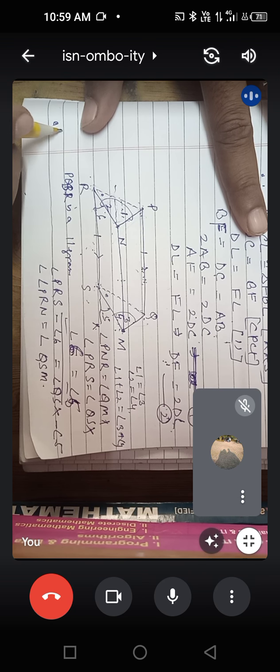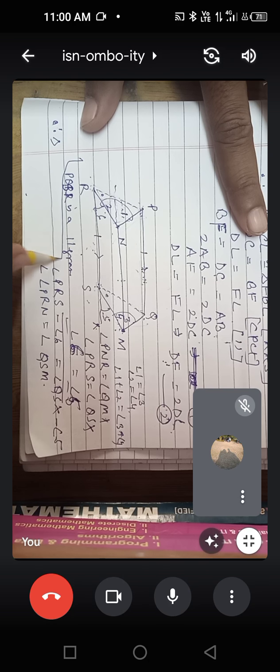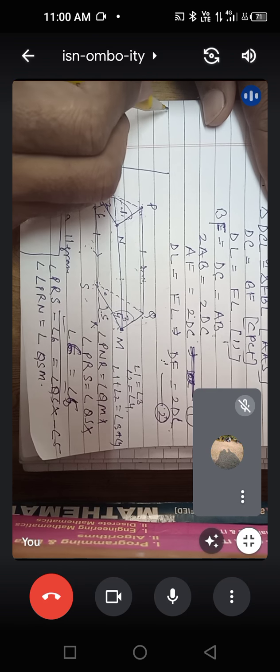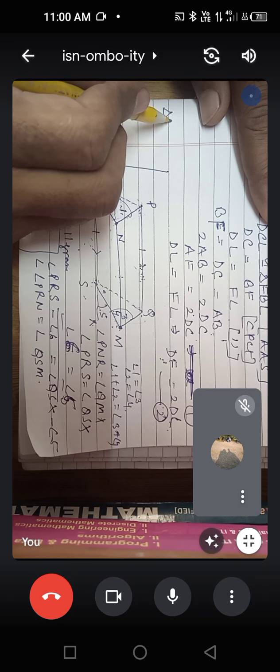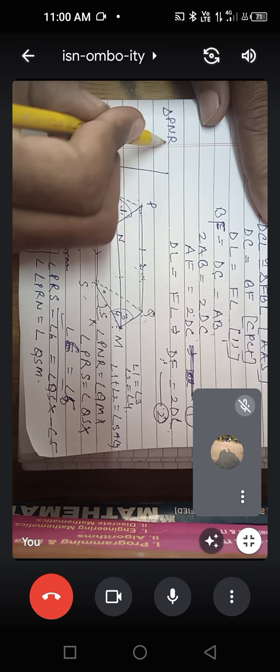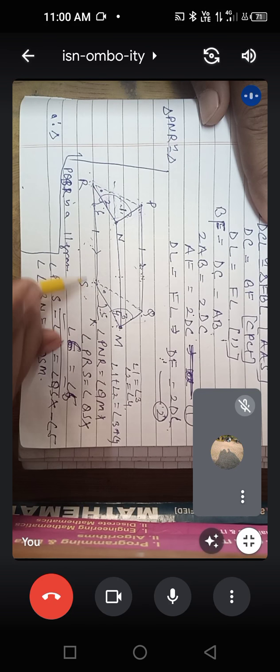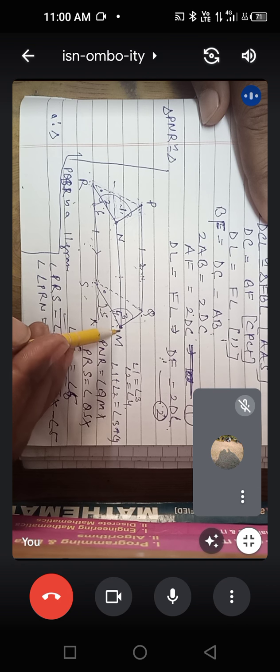Therefore you can see triangle PNR is congruent to triangle QMS.